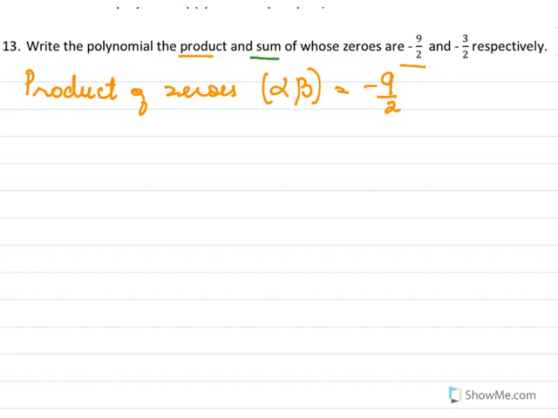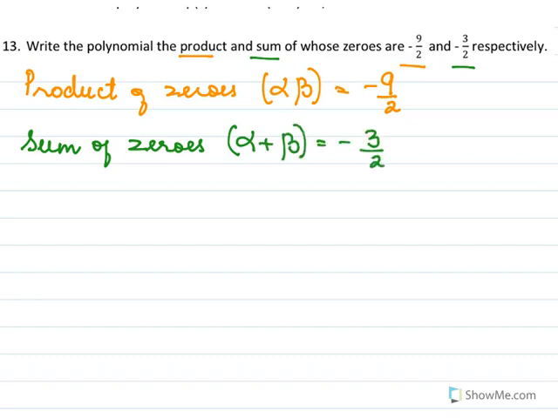And then they say the sum is minus 3 by 2. Sum of zeros is alpha plus beta, and that is minus 3 by 2. We know the formula of the quadratic is x square minus sum of roots x plus product of roots.